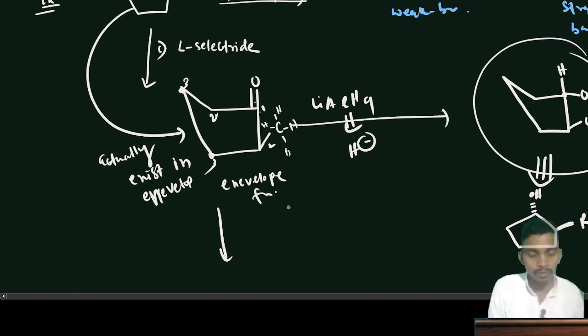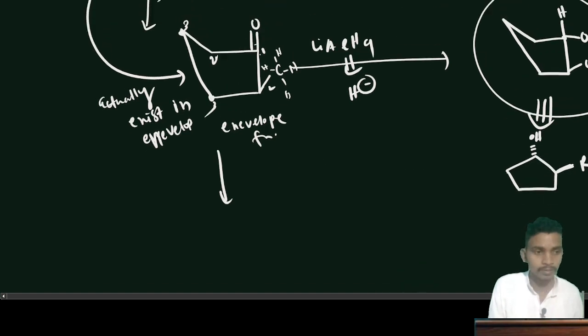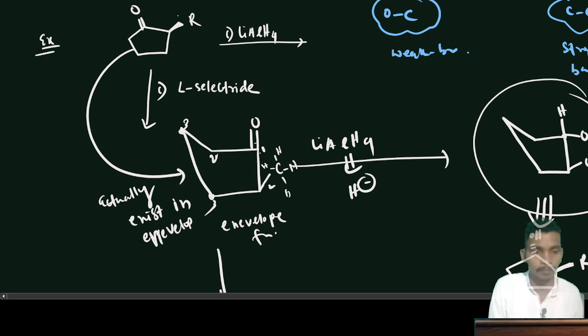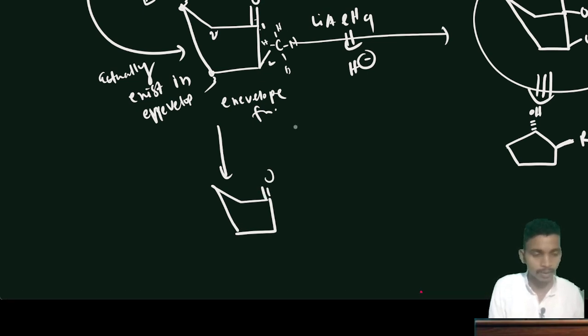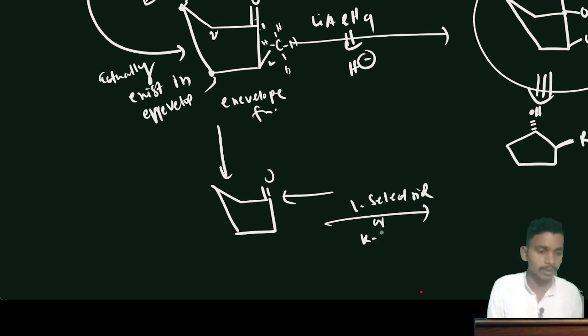Now in these groups, since this is a bulky group, and bulky groups always do equatorial attack, it will attack from here, OH, then H will attack from the below side, because L-selectride or K-selectride is a bulky group, so it always attacks equatorial.